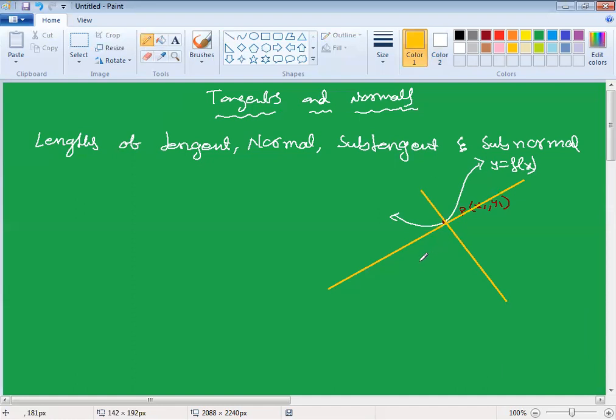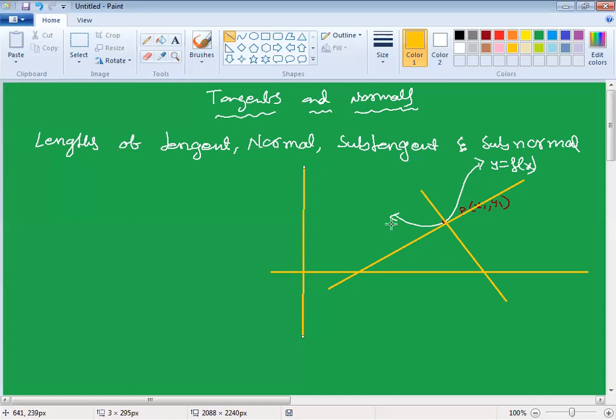And if you draw the x-axis, which is a horizontal line, anyway, when we draw in the coordinate axes directly also, you'll get it like this: a curve, tangent and normal. The tangent and normal should meet the x-axis somewhere, compulsory.